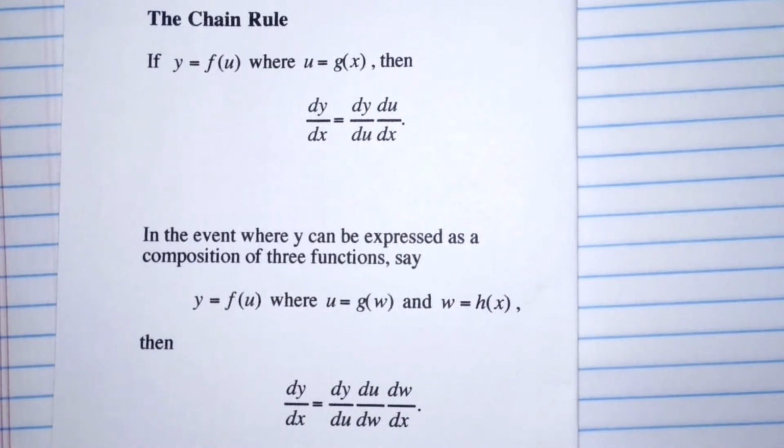And this is why this rule is called the chain rule. If we have, say, a function y that is a composition of four functions, we can just throw on another one of these derivatives, and it's like these are the links in a chain, and we can add as many as we need.